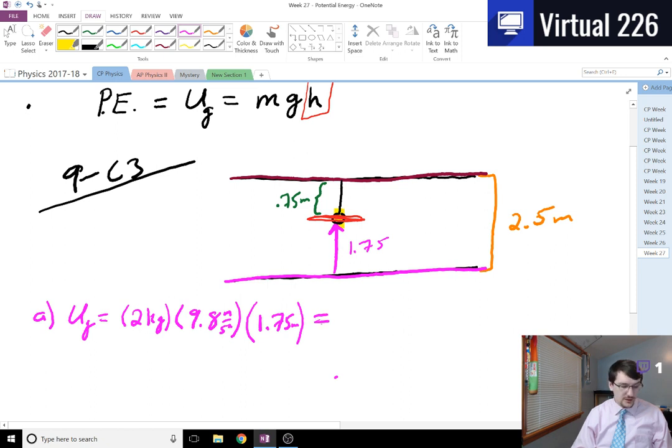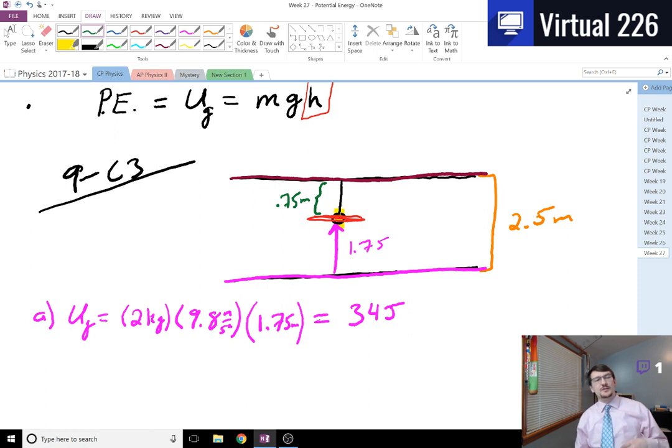So when we multiply all of that together, we get a value of approximately 34 joules. So there's 34 joules of energy stored at this position because a potential energy is an energy of position. The position itself has a potential, but when you place the object there, there's a potential energy.